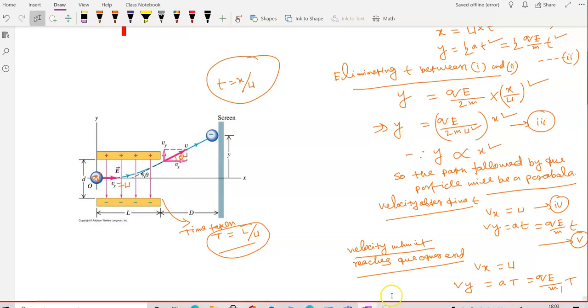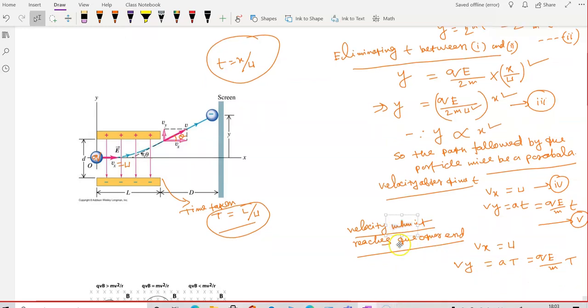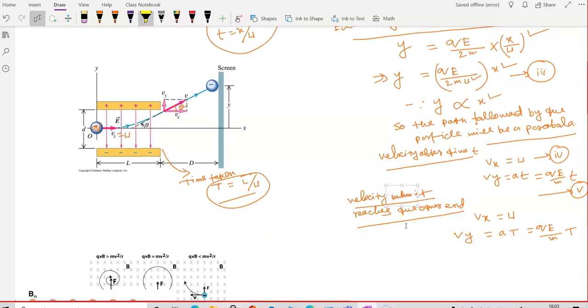So if anybody wants to find the expression for this angle theta, the angle of deviation, let it be theta. So tan theta is going to be Vy by Vx, which is QE by M into T by u.